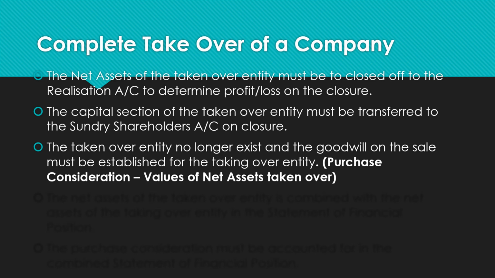Now, I want to make sure that I'm stating this clearly: if the value of your net assets is greater than the purchase price, you will have something called negative goodwill. If you go back to your previous notes, or what we would have taught previously, you will see that we spoke about negative goodwill. In this case, the value of your net assets is greater than what the person is willing to pay for your business.